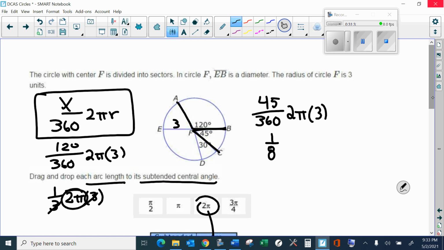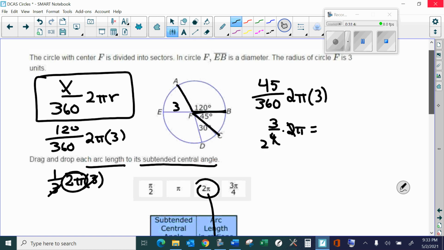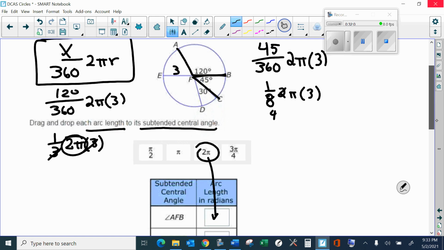Okay, I can go 45 times 2 is 90, times 3 is 270. 270 out of 360 is 3/4 times 2 pi. And that's going to cancel down to 2, so that's 3 pi over 2. Hold on here. Let me see if I did it wrong here. Let's go this way. 1/8 times 2 pi r. 4 times 3 pi over 4 is my answer. 3 pi over 4.